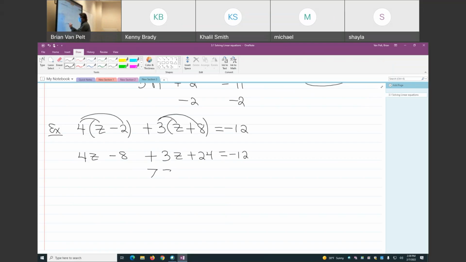I'll get 7z plus 16 will equal negative 12. We okay there? Are we good? Next, we'll subtract 16 first.